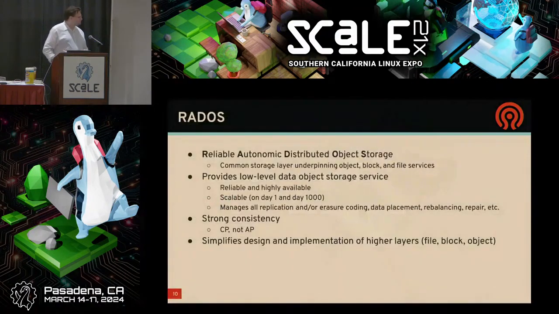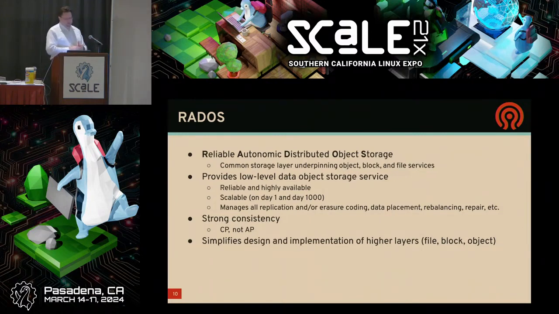Now, let's look at the Rados layer. I think we covered the reliable and highly available at length, so I'm not going into that again. The fact that Rados is scalable is ultimately the reason why Ceph is scalable. I mean, Rados does all of the hard things. There are complicated things at higher levels too, to be sure, but the storage parts are all in here.